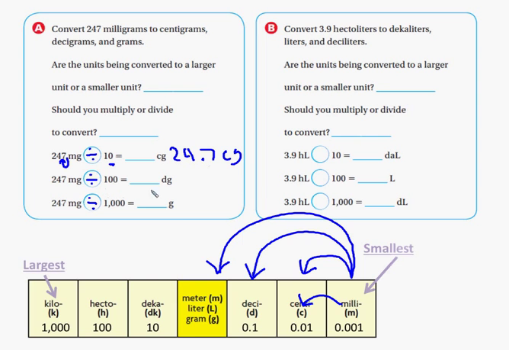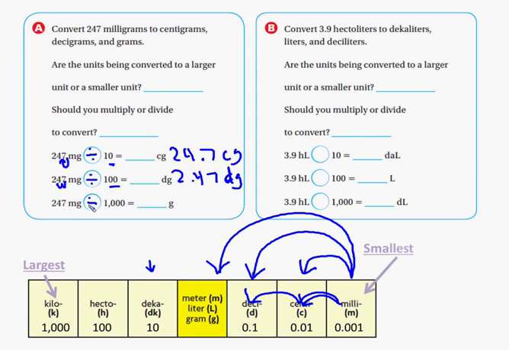And now to find the decigrams, I move it to the left 2 places because I'm dividing by 100. As you can see, 1, 2. Decigrams are 2 place values to the left, so there's 2 zeros here. So I move this 2 places, 1, 2, and I get 2.47 decigrams, not decagrams.